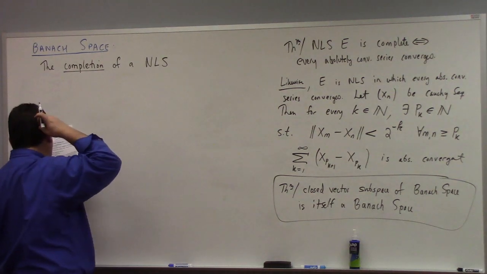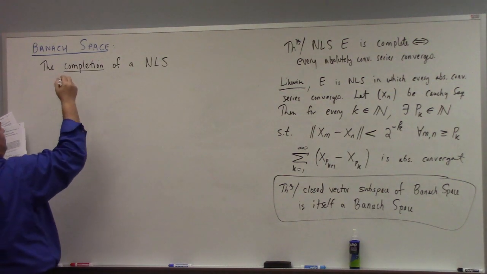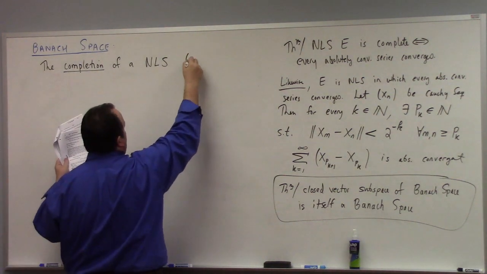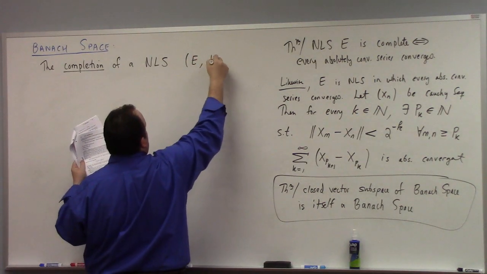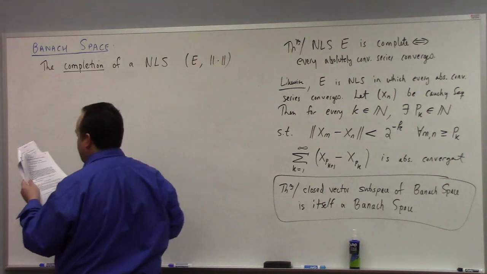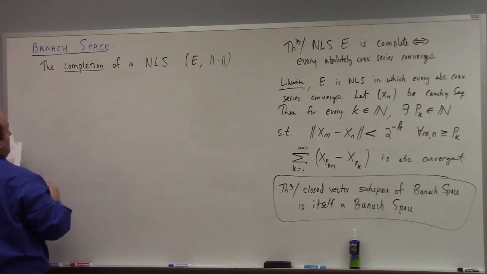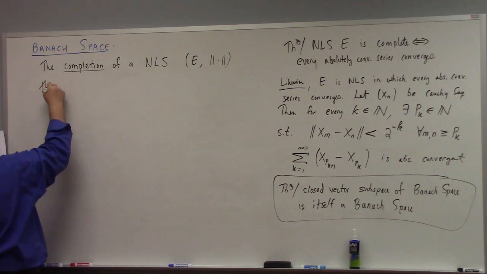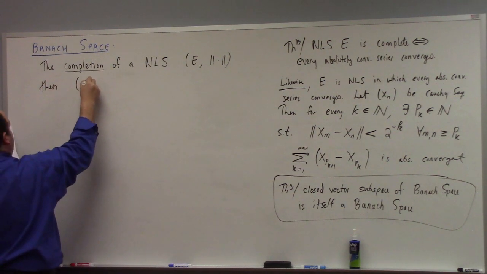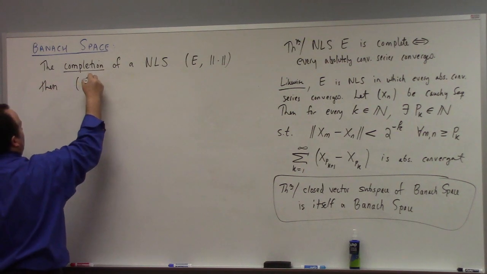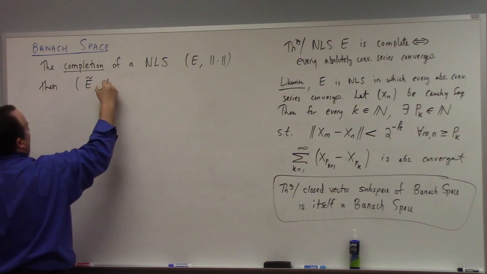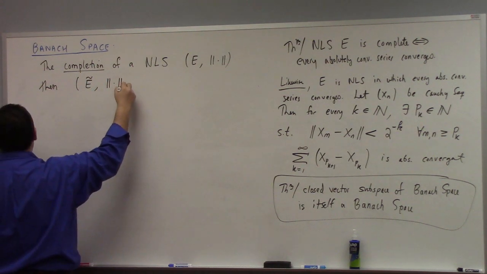And the normed linear space we think of as a pair, E with a norm. Then the pair, his notation is E tilde sub 1. My advisor would be happy, he put tilde on everything.